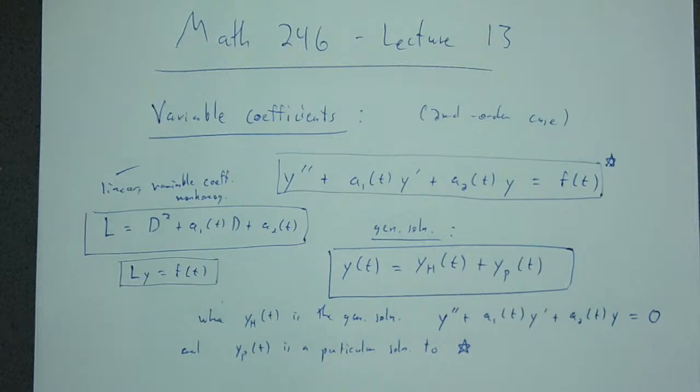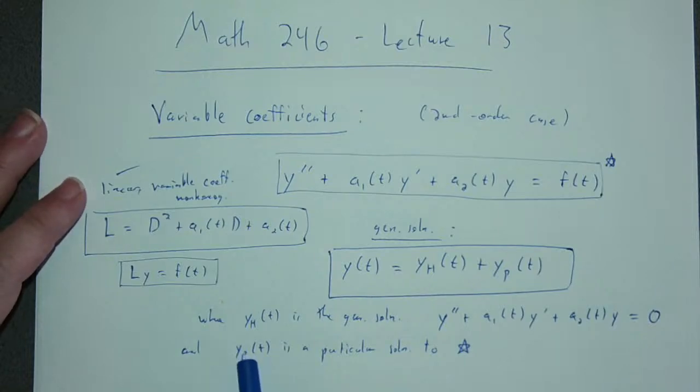All of that came from the characteristic polynomial. Then undetermined coefficients and key identities told us how to find the particular solution.